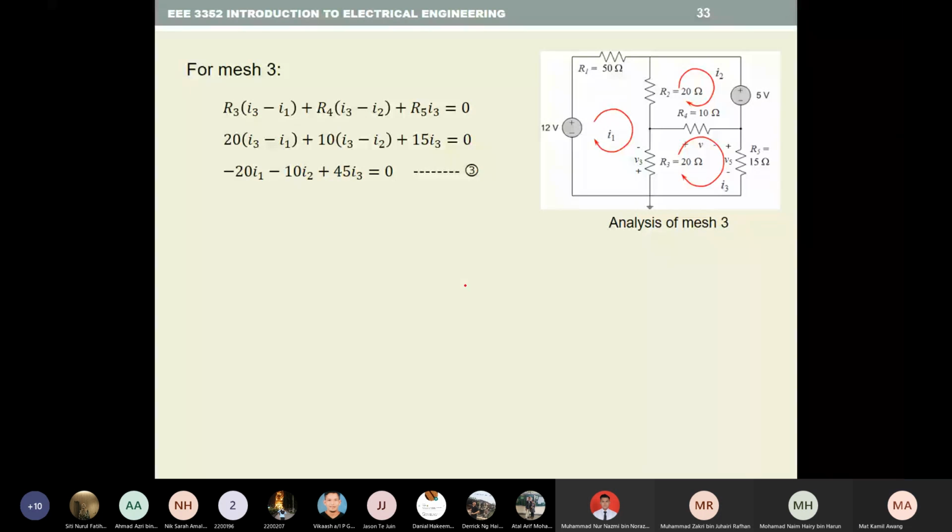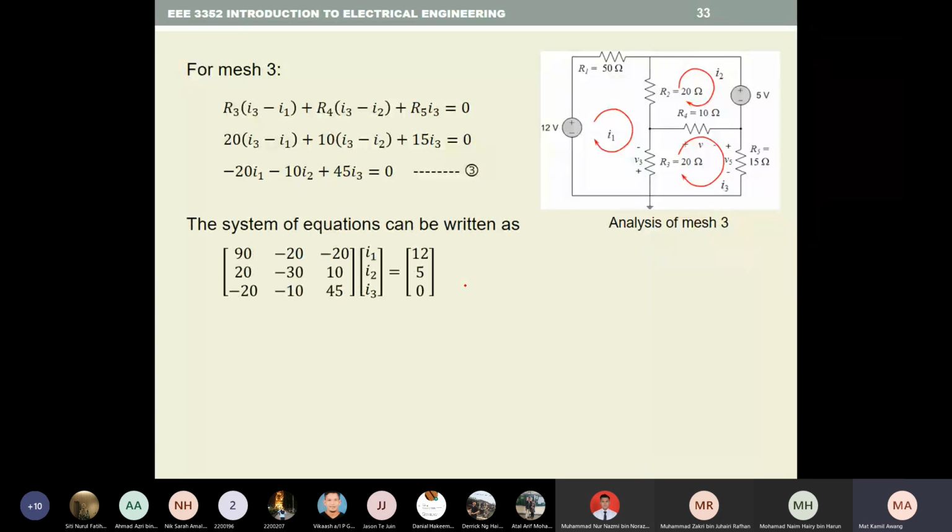So therefore, you can use the simultaneous equation. So you can set up the simultaneous equation just like this, using Cramer's rule in a matrix form. So the first equation is 90 I1 minus 20 I2 minus 20 I3 equal to 12.